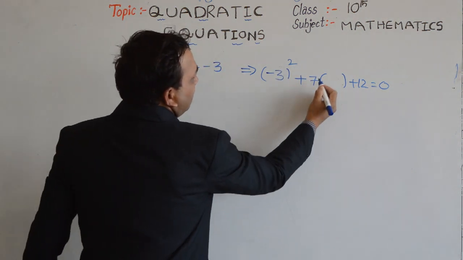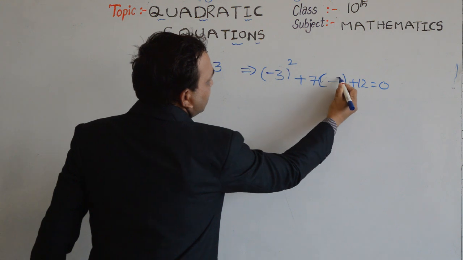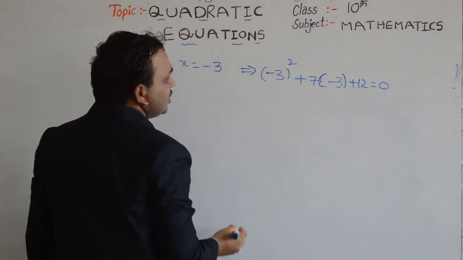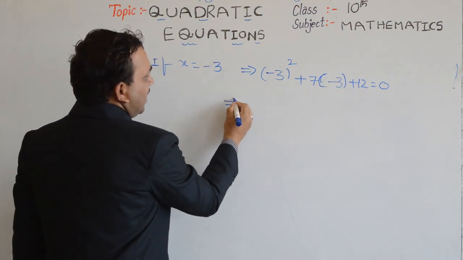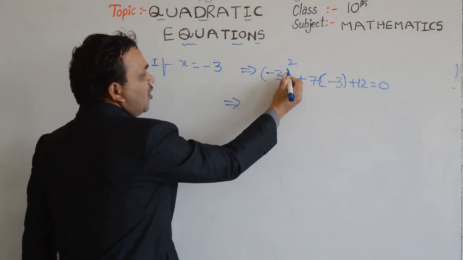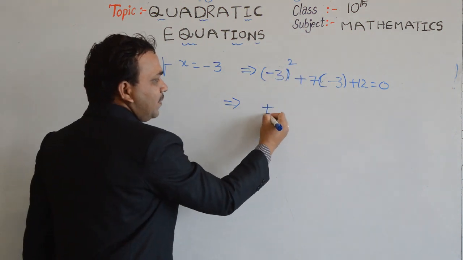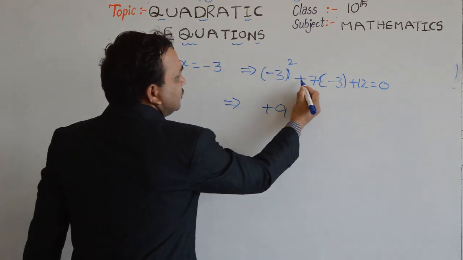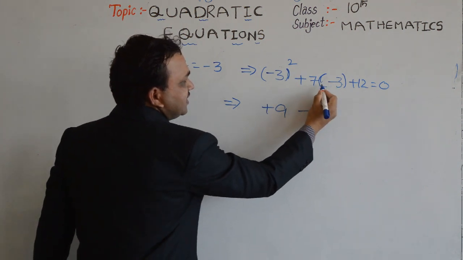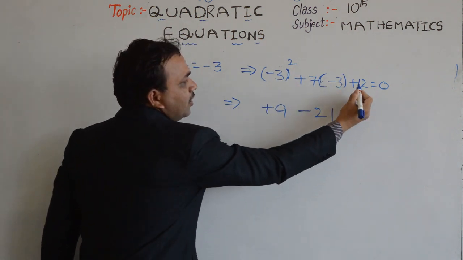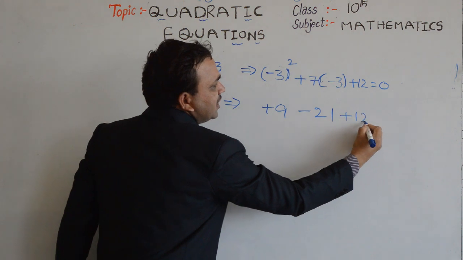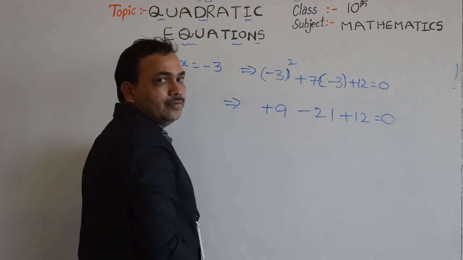Minus 3 whole square, 7 into minus 3 plus 12 is equal to 0. That implies, what is the value of minus 3 whole square? Plus 9. Next, plus into minus, minus 7 3s are 21. And plus 12 is equal to 0.